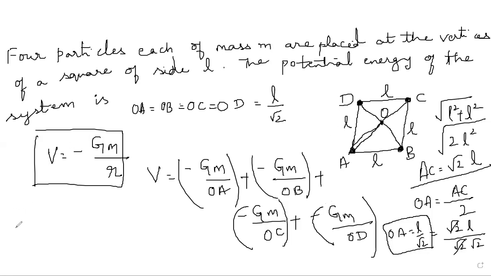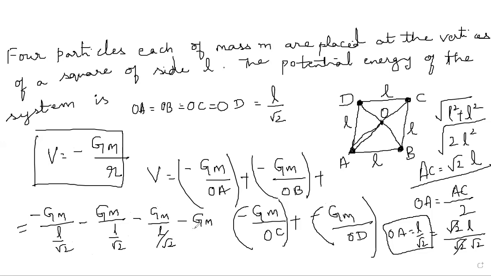So I'm going to substitute minus GM divided by L by root 2, minus GM divided by L by root 2, minus GM divided by L by root 2, minus GM divided by L by root 2.